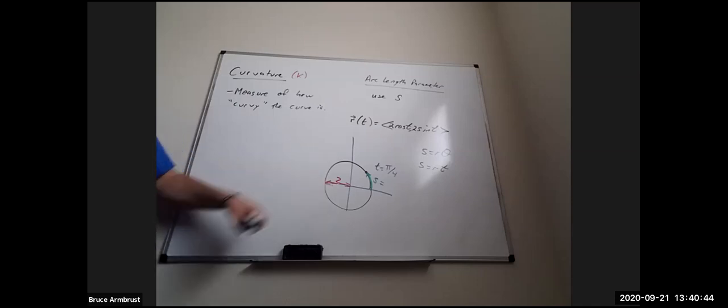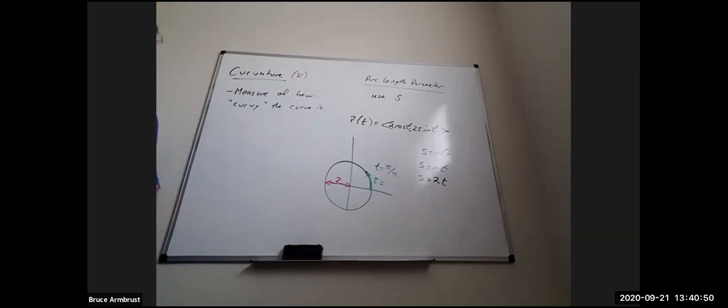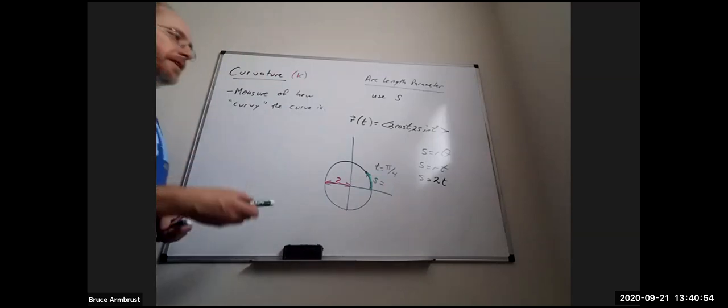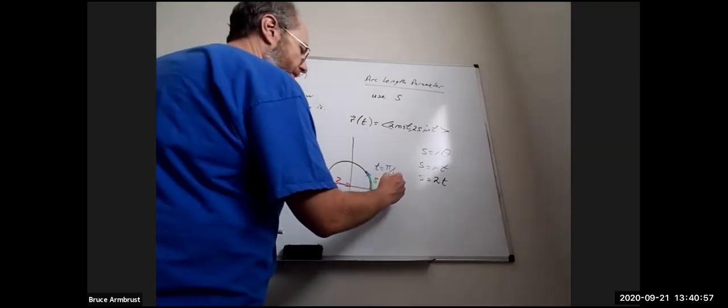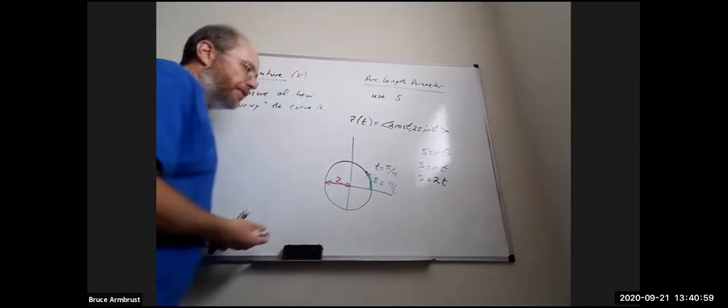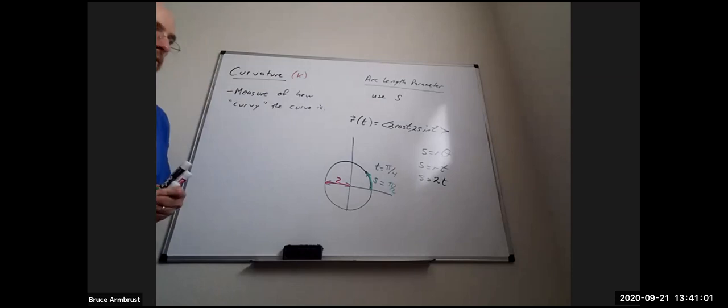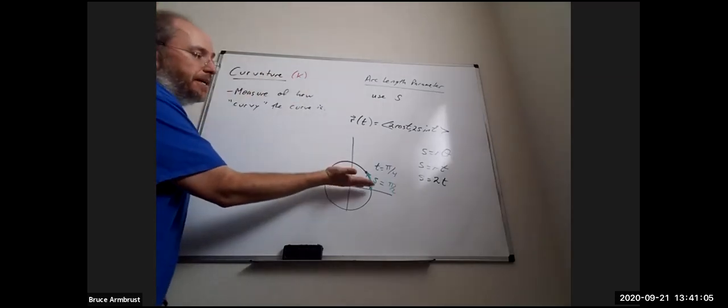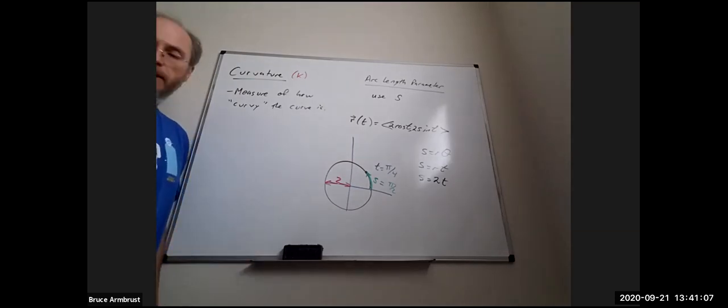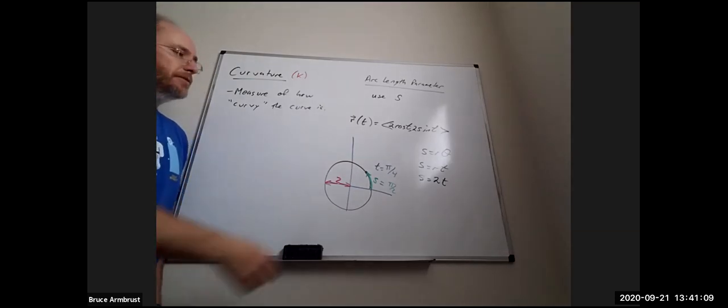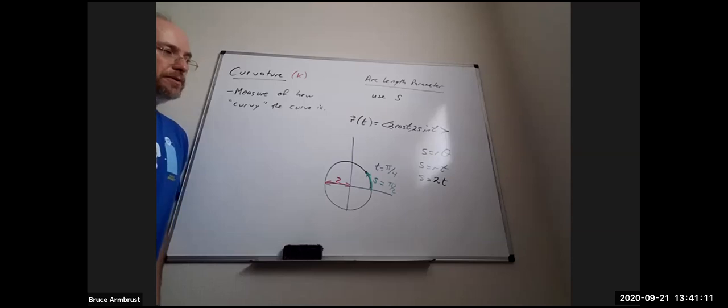Since this circle is radius 2, s is equal to 2t. So in this specific example, we've gone a distance of pi over 2. Even though the angle was pi over 4, the time that's elapsed is pi over 4, the distance that we've actually traveled is pi over 2.